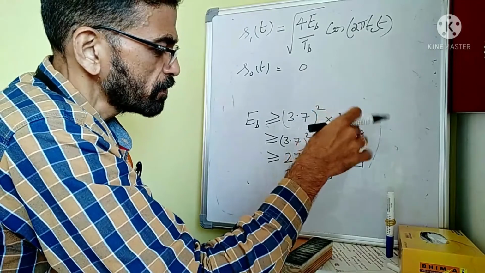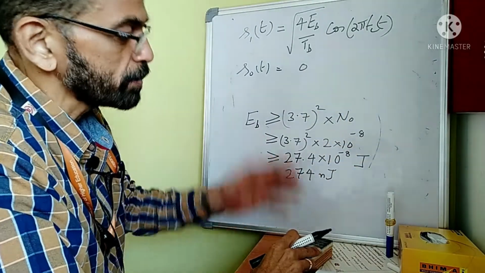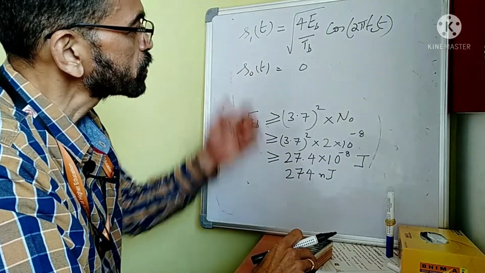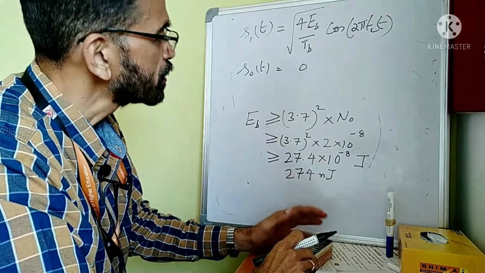You know this. We have been discussing the two signals for quite some time now. Of course, in binary ASK, these are the signals. For binary FSK, they are different. For binary PSK, they are different.